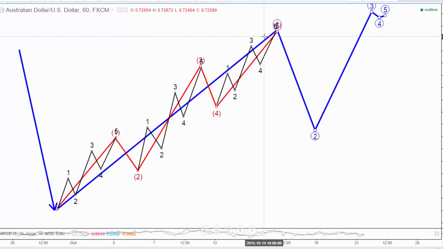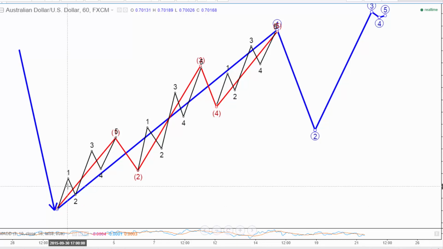We're looking at a daily chart. The red would be the hourly chart. The black would be the 15-minute chart. So to go from 0 to 1, on the primary, the intermediate would be 0 to 1, and the minor would be 0 to 1. You see that? We always have to look at things in waves.